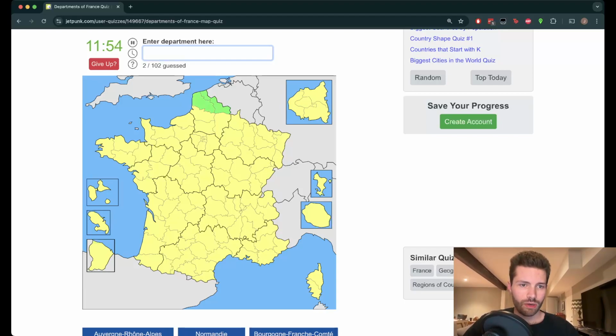Again, I could bother with proper punctuation and stuff here, but I figure it's not really worth it for Jetpunk. Not only does Jetpunk accept things it shouldn't accept sometimes, but I don't have to type spaces or accents or anything like that.